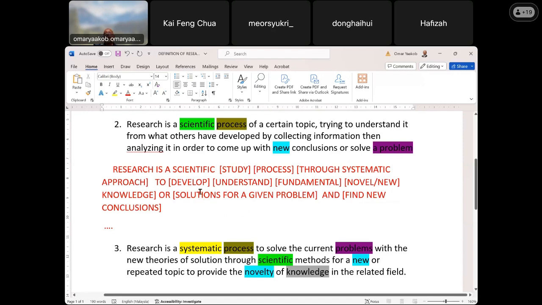Must all research have fundamental knowledge? We'll come up with understand fundamental knowledge or develop fundamental knowledge, or not necessarily? Not necessarily, because we want a definition that is applicable to every research. That's why we remove experimental, for example. We don't like experimental because not all research is experimental.